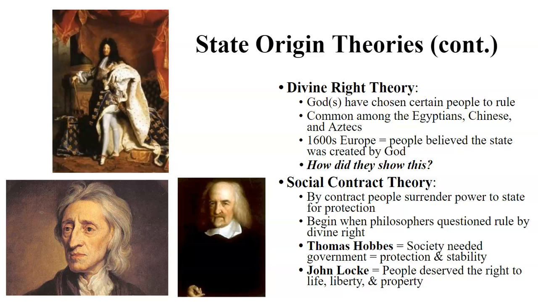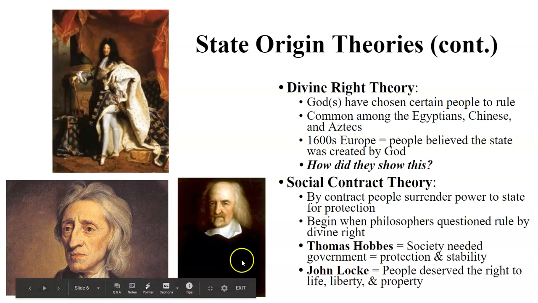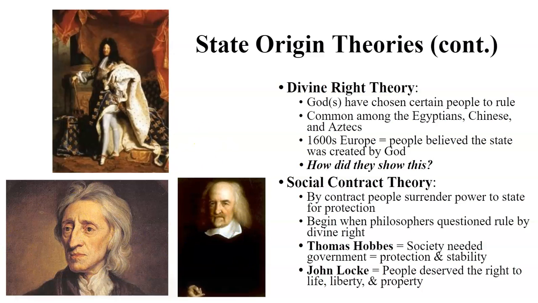And they started to question the idea of divine right rulership. And in particular, the two men you see on screen at the bottom, Thomas Hobbes on the right and John Locke on the left, are the two that really defined and developed the social contract theory.